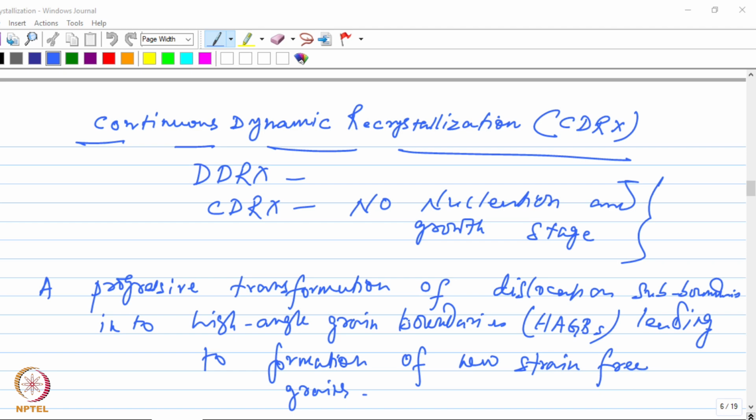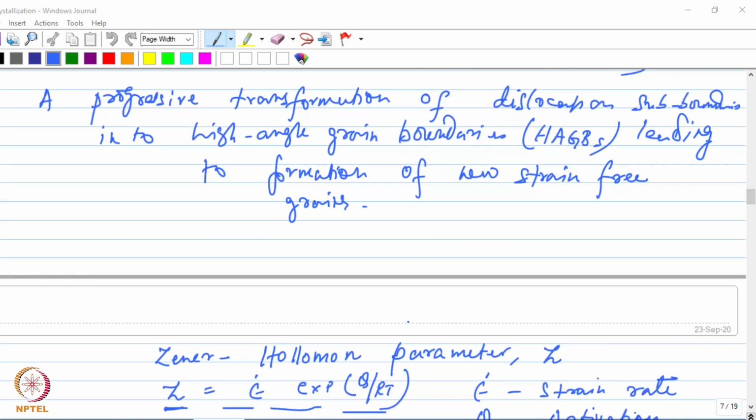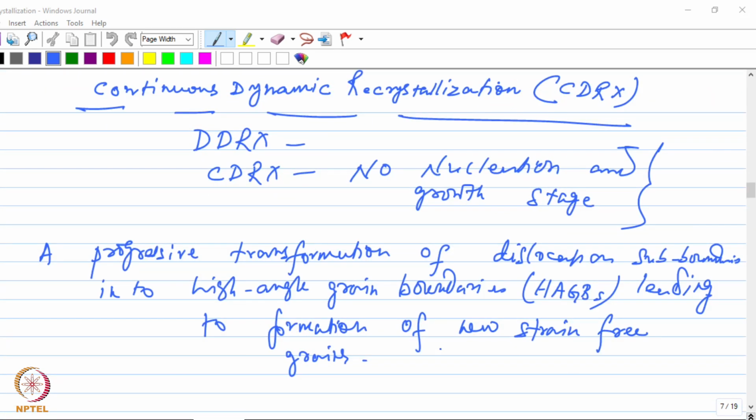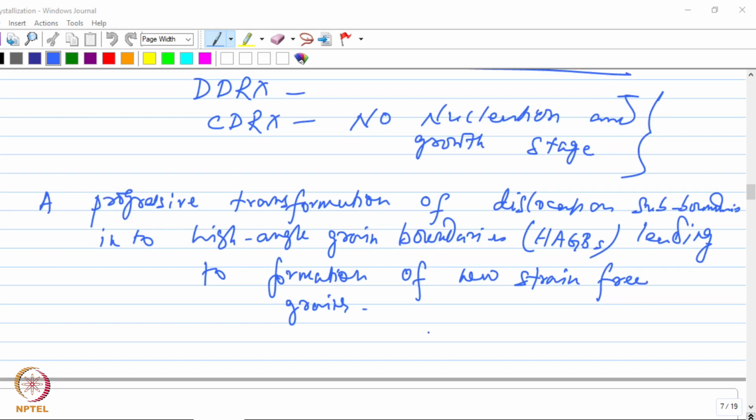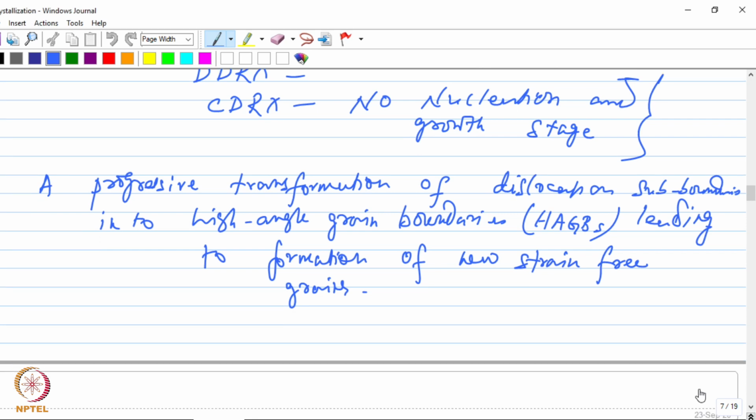So the process through which the dislocations rearrange themselves in subgrain boundary configuration is known as the dynamic recovery process. So this is basically dislocation rearrangement into low energy configurations. And for this to happen, the dislocations have to cross slip for them to be able to join these boundaries. And therefore, CDRX will be prevalent in materials having high stacking fault energy, which promotes cross slip of dislocations.